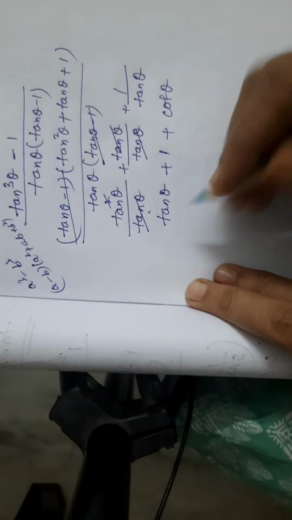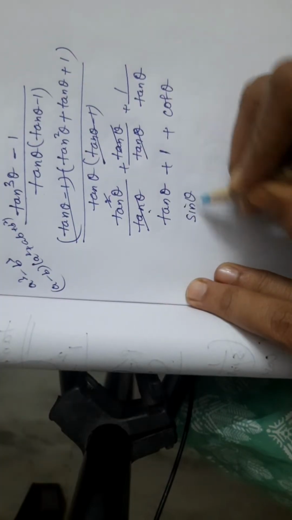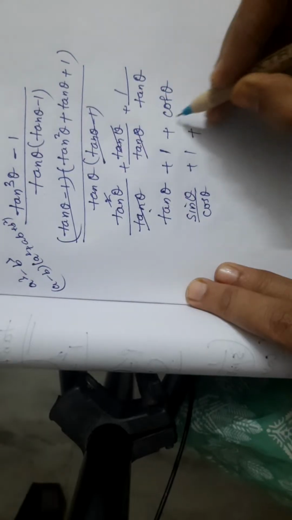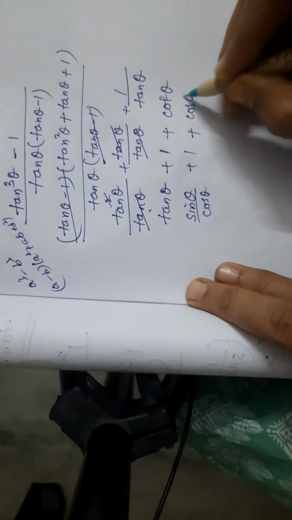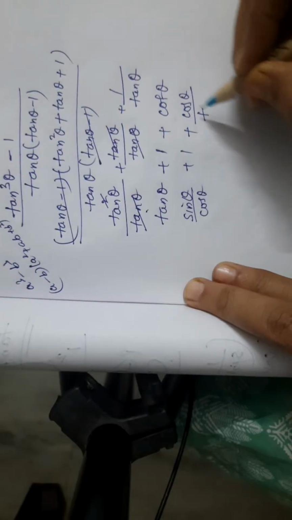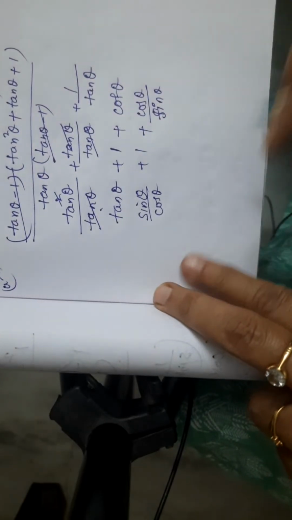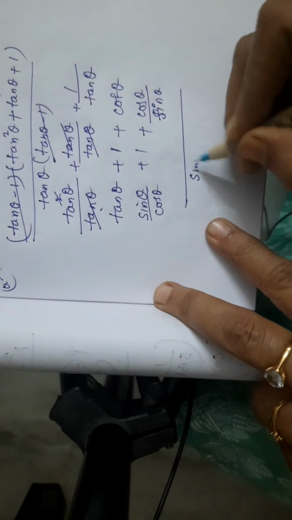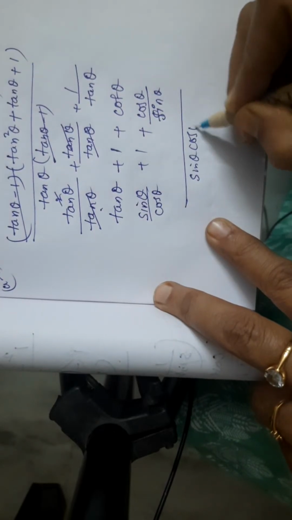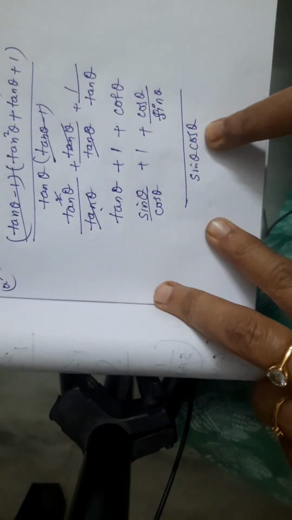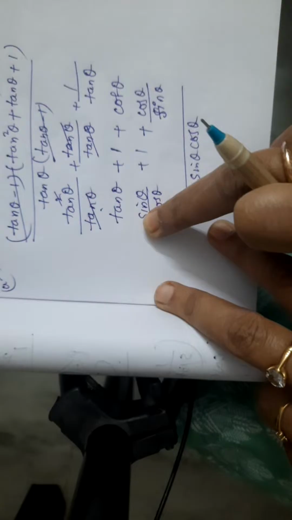Now tan theta can be replaced as sine upon cos. Cot is reciprocal of tan, so it will get replaced as cos upon sine. Now getting LCM, here sine theta, cos theta, LCM. Denominator we are having cos, so the sine will multiply to numerator.